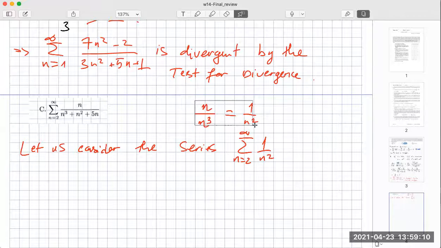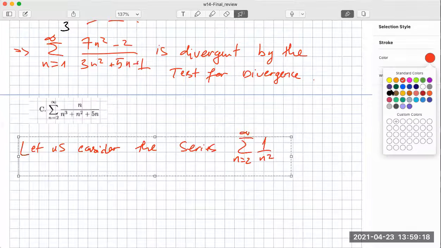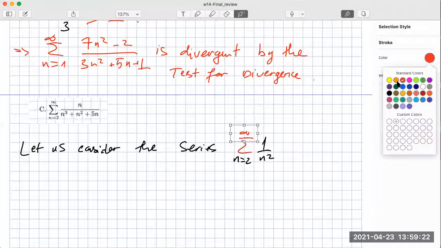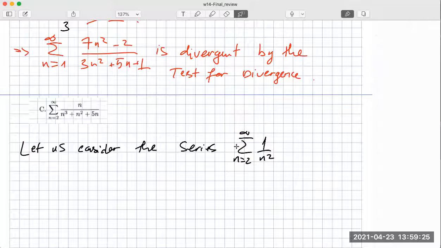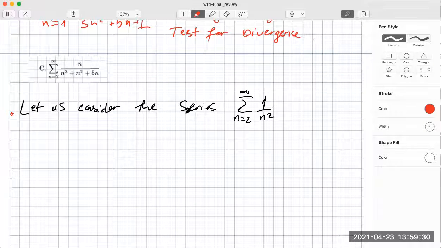That is how we think about this series. Now, we guess whether this series is convergent or divergent. Why? It is a p-series, and p in this case is 2, right?